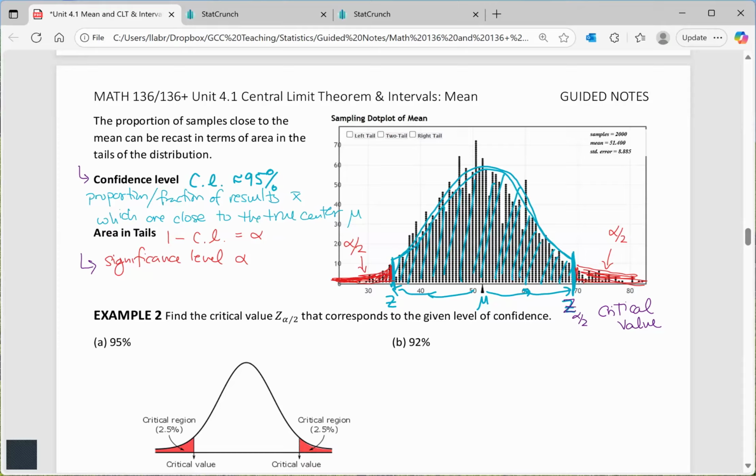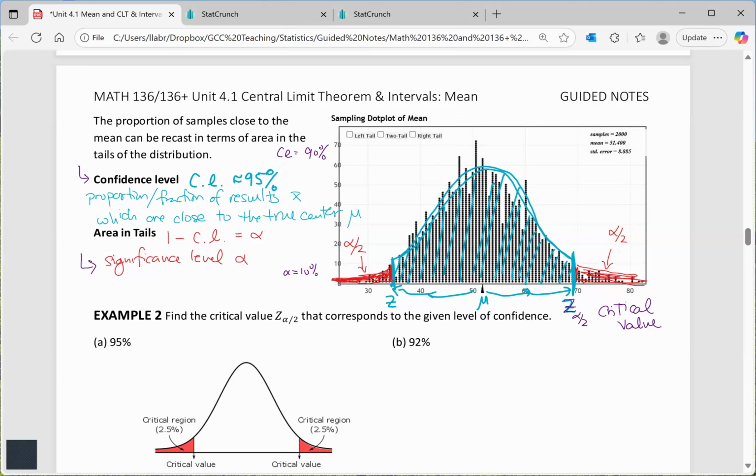So whenever we say level, you're either going to give me the significance or you're going to give me the confidence. They're both the same because with one, we can find the other, right? If your confidence level is 90%, then your significance level alpha is 10%. It's just whatever's missing to get to 100. And with either one of those, you can go ahead and find the critical value.